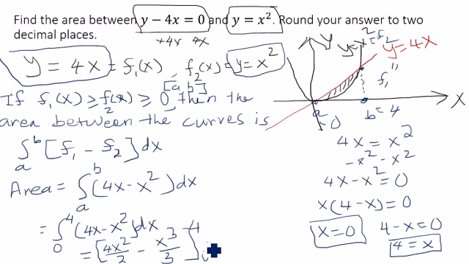Because of this space issue, I'm going to move this up here. So now I'm going to replace x with the upper limit and subtract the other part, which is obtained by replacing x with the lower limit.